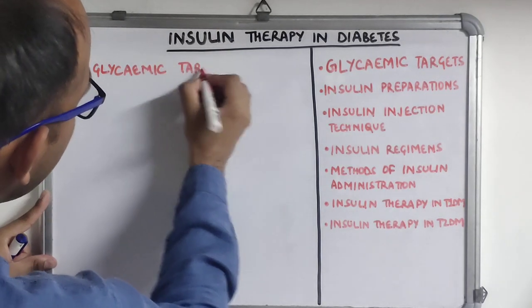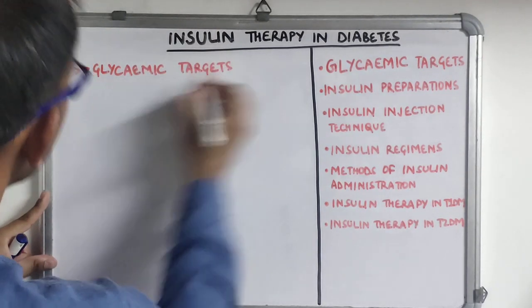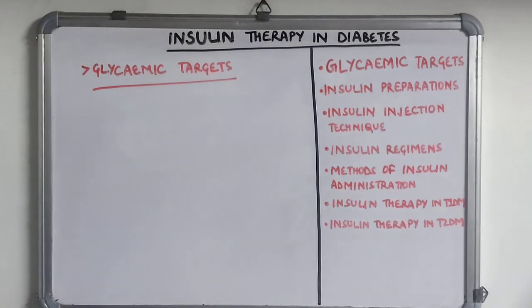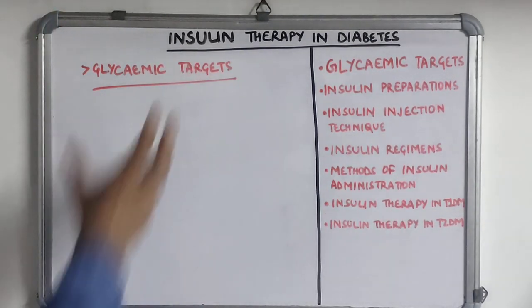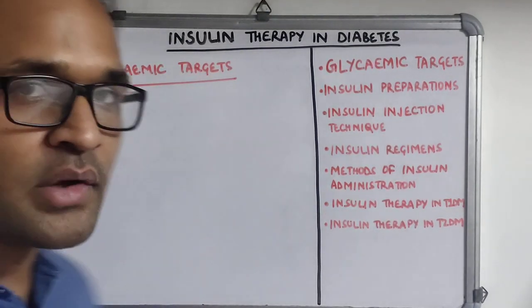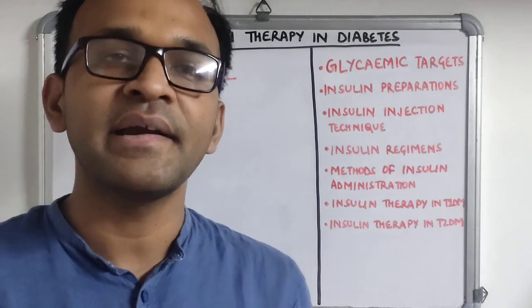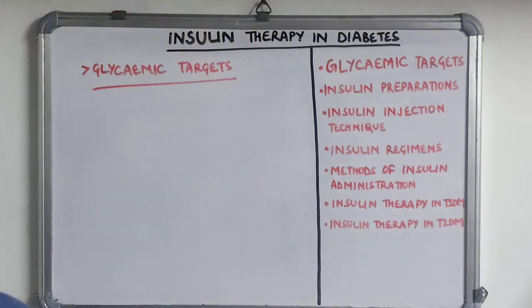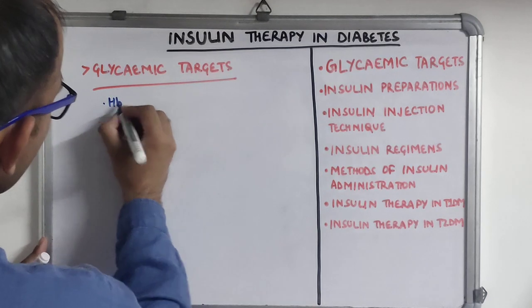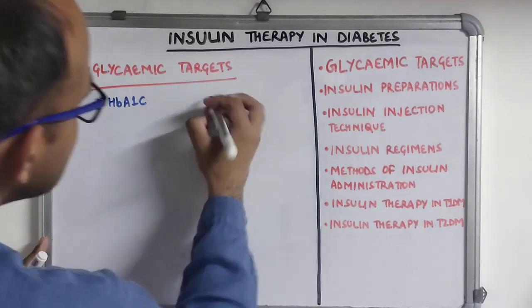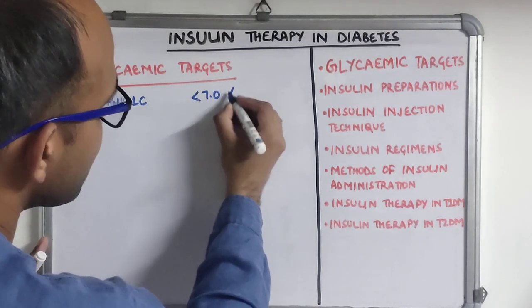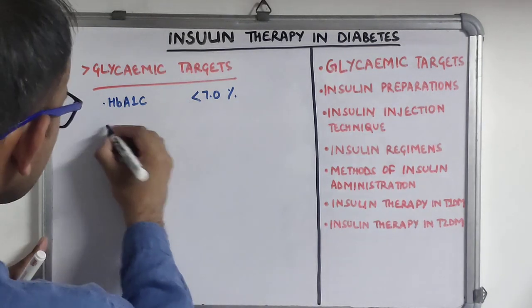So according to ADA guidelines, these glycemic targets I am telling you in adults, in the non-pregnant adult population, the HbA1c should be less than 7%, and this is the most important glycemic target.